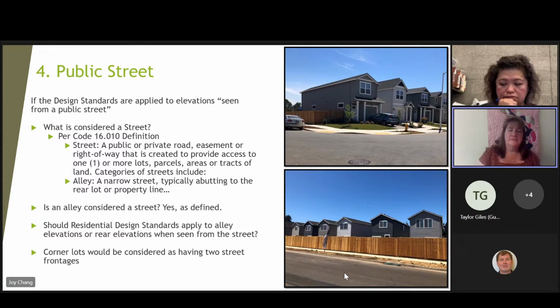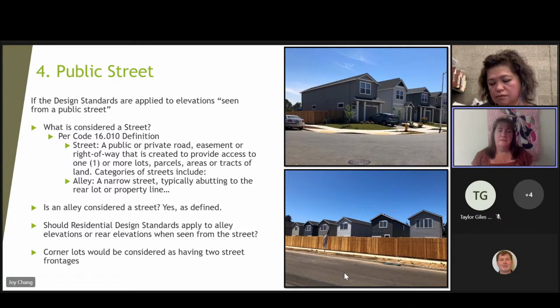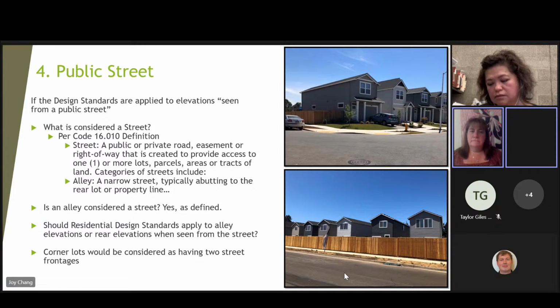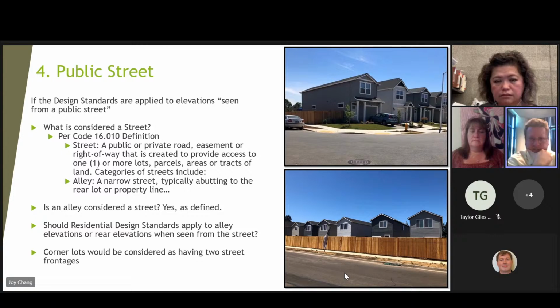Anybody else have any comments about either the corner lot coverage and or the rear of the house facing the public street? No, I'm good with the back of the house. I don't know that I totally followed the other discussion. Is it like public view wherever you're seeing the house, like the top one there?